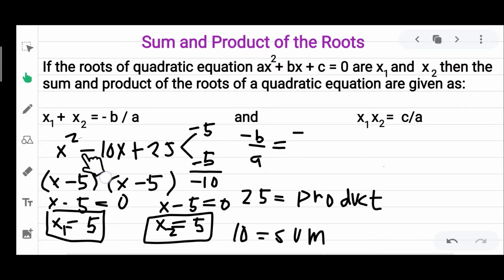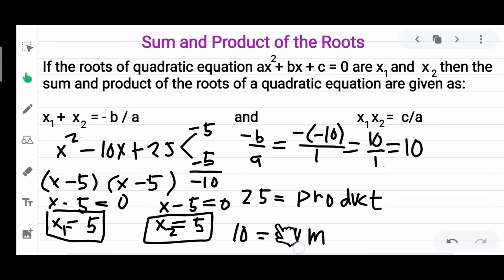That is negative 10. Okay? So, negative 10. I-over natin sa a. Ano ba yung value ng a natin dito? 1. Okay. Negative times negative 10, the answer is positive 10 over 1. Then, 10 divided by 1, the answer is 10, which is yung sagot dito.